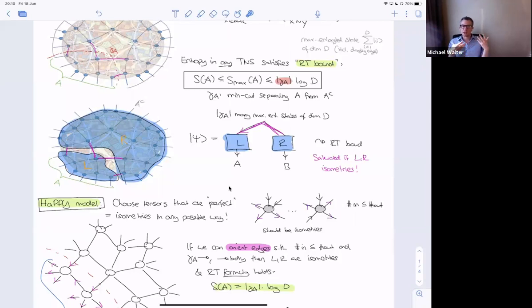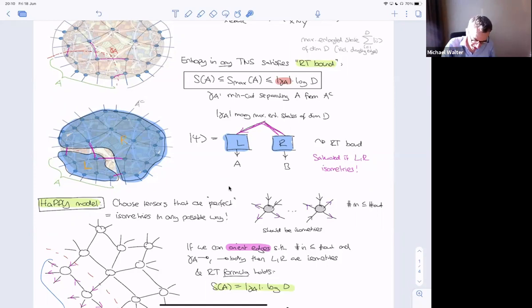I think that's something people achieved recently in some situations, both with an upgrade to the HaPPY model in higher dimensions, and also with random tensors. So that's very non-obvious, right?